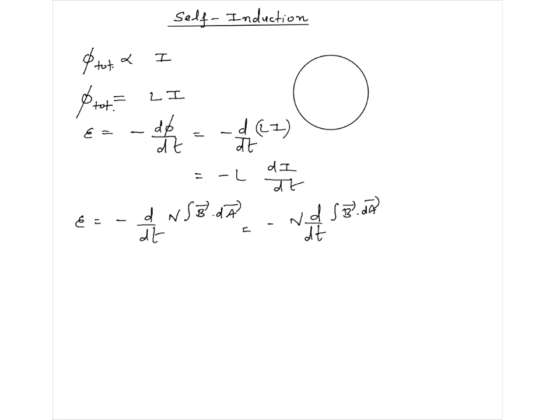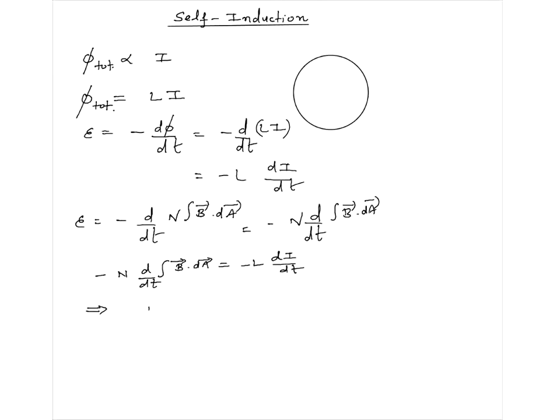So why not write one more step? Minus n times d dt of integral B dot dA is equal to minus L di by dt.